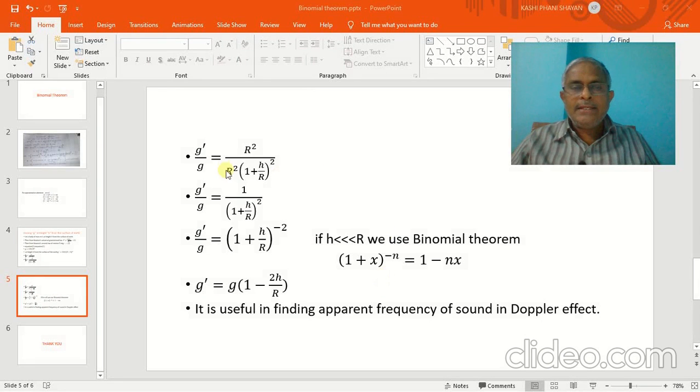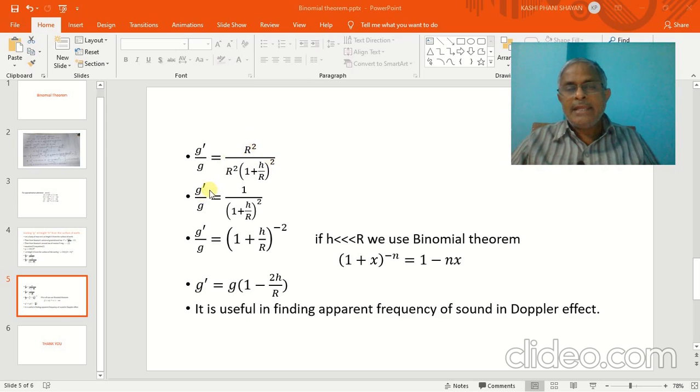Again I will repeat the same step. Now we get g dash by g is equal to R square by R into 1 plus h by R whole square. In the last term we have R into 1 plus h by R whole to the power of 2, so it becomes R square and 1 plus h by R whole square. So R square gets cancelled.